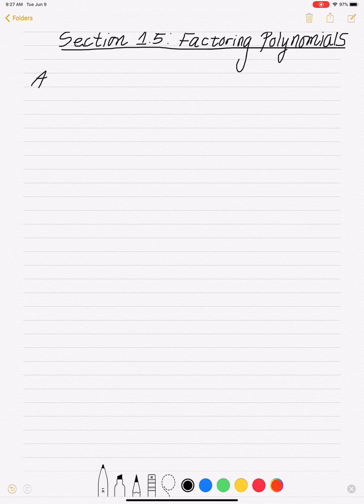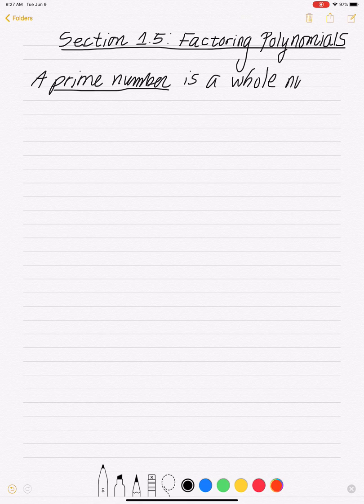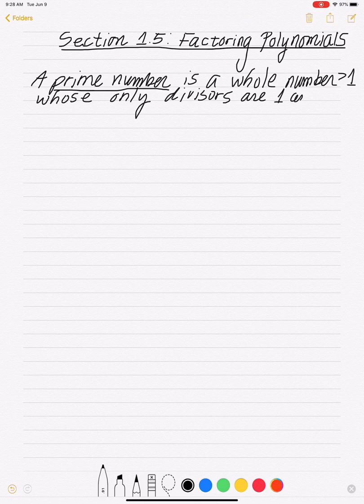A prime number is a whole number greater than 1 whose only divisors are 1 and itself. So it's only divisible by 1 and itself.